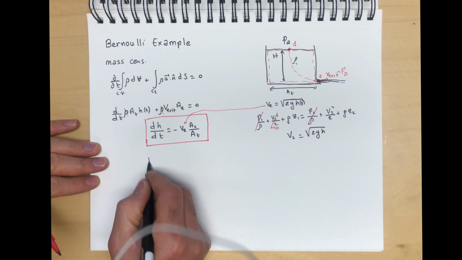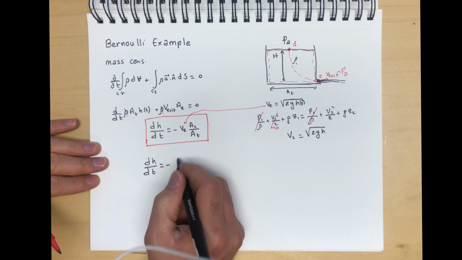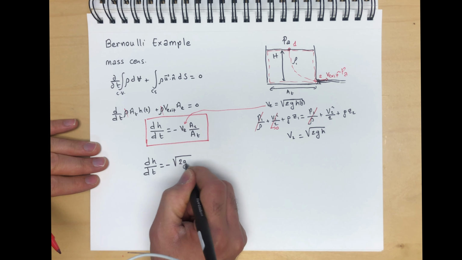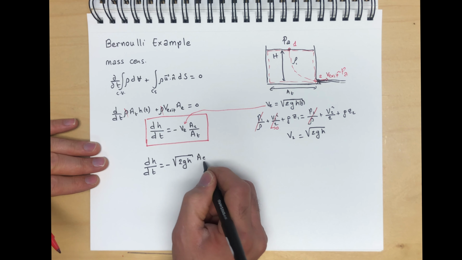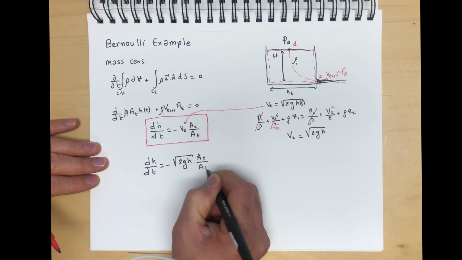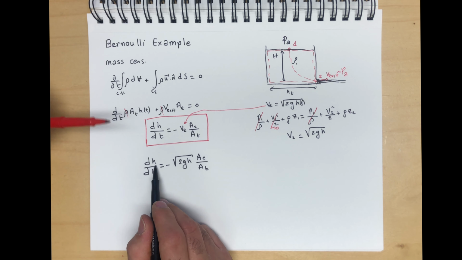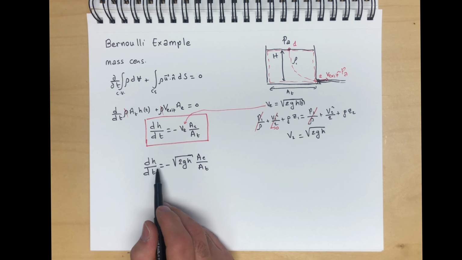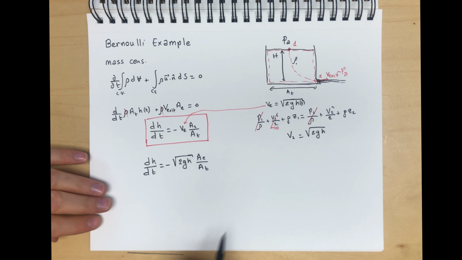So this gives us dH by dt equals minus the square root of 2gH, where H is a function of t, times A exit, the area at the exit, over the area of the tank. Notice that there's a negative sign over here because H is decreasing. So dH by dt is a negative quantity, because H is shrinking.